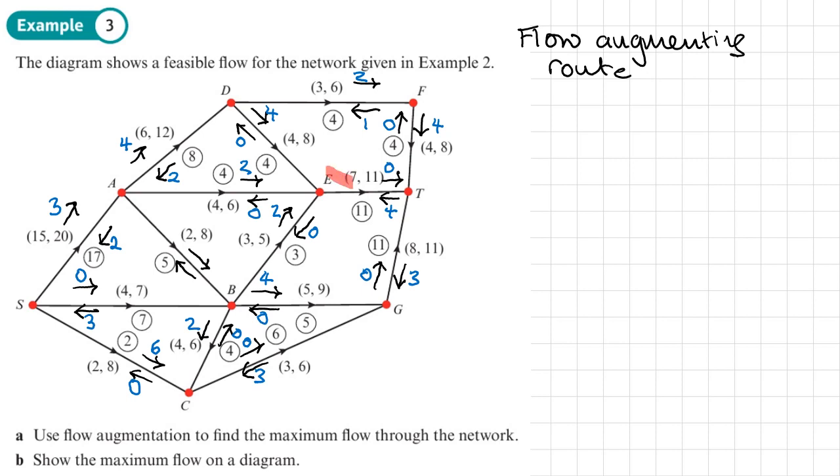I can't use this one. Any route that's going to end here is no good, and this one also has 0 flowing into T as well. So any route that ends here we're not going to use. Actually, what I might do is just highlight them like this. So we cannot use routes that end that way.